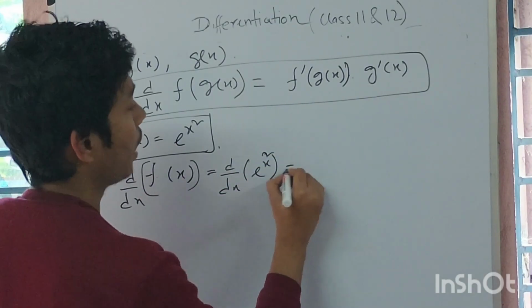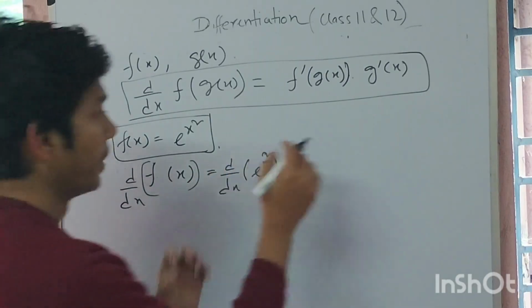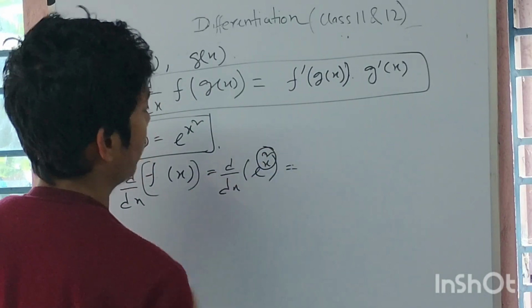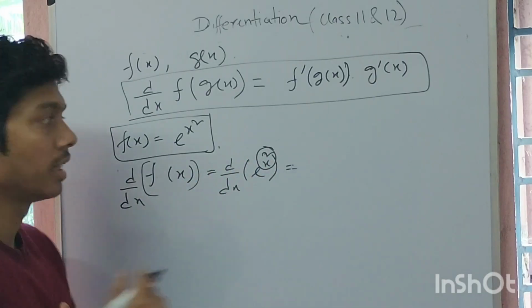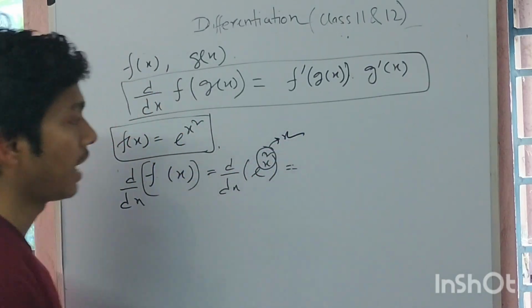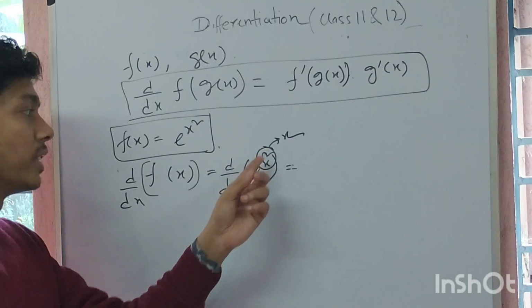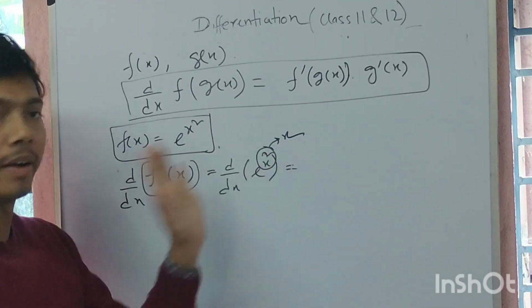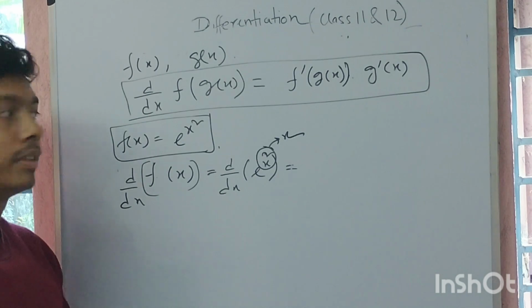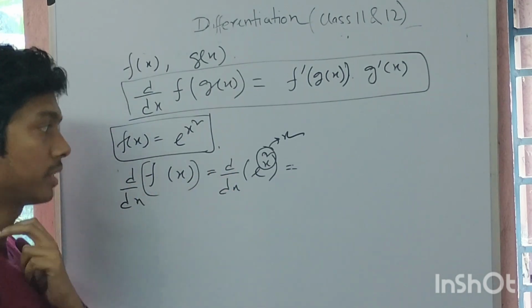Okay. Now your work is just to break it. Just assume this x square as x. If you assume x square as x, then it will be like e to the power x. So what is its derivative? Derivative of e to the power x is e to the power x itself.